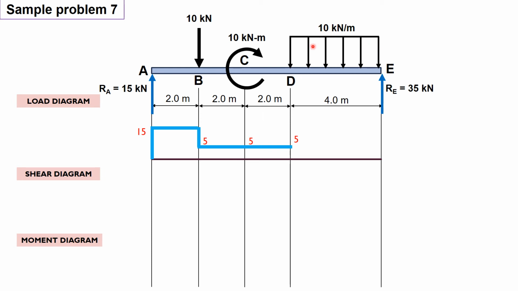But of course, you need to get the equivalent single force of this, which is equivalent to 10 multiplied by 4, or this is 40. So to get the ordinate here, that will be 5 minus the equivalent single force of this. So 5 minus 40 is negative 35.